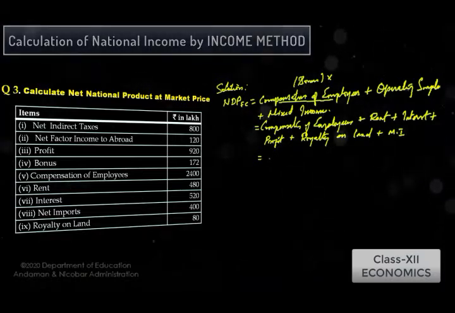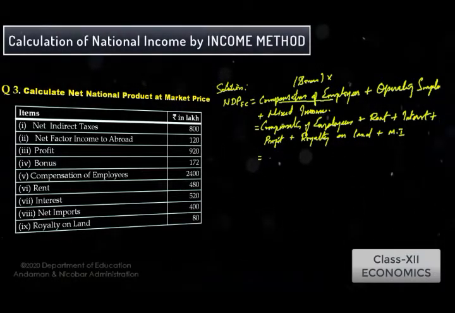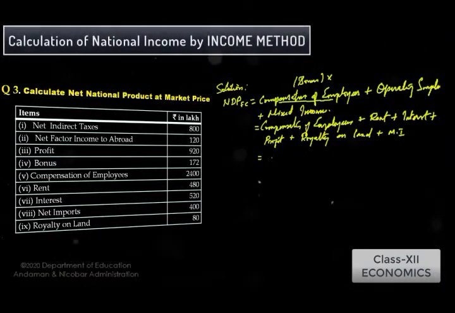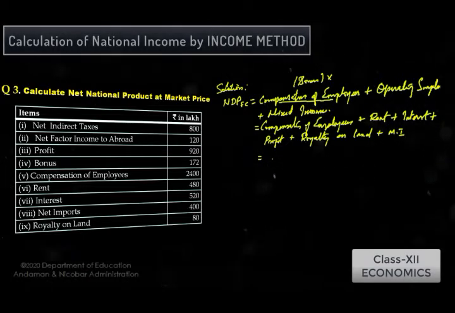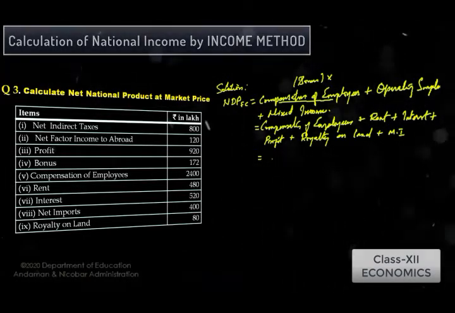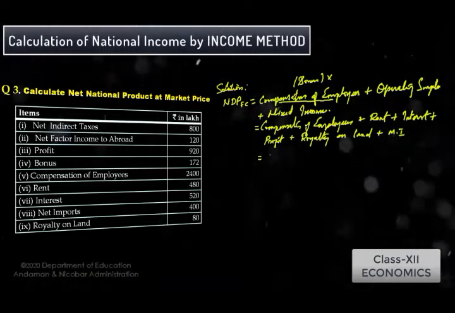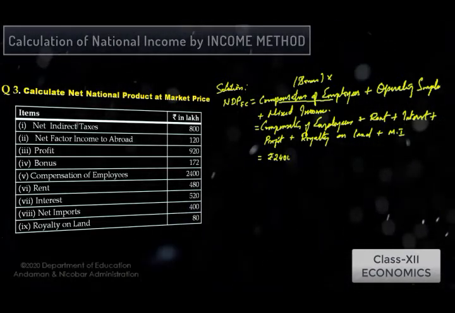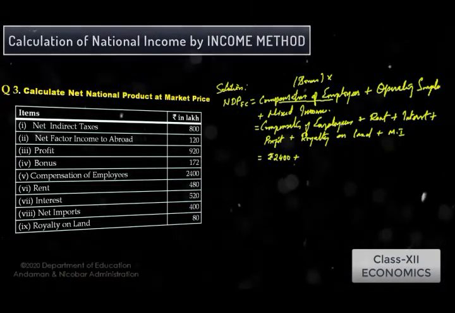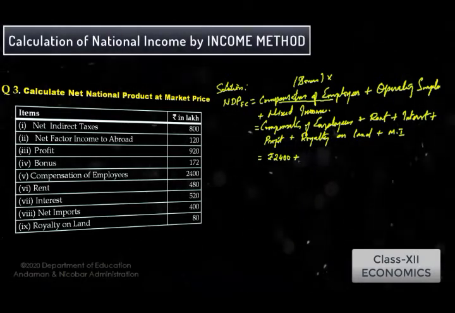Now we will replace the components with the values given in the question. We have the value of compensation of employees as rupees 2400. Then we will add the values of operating surplus.